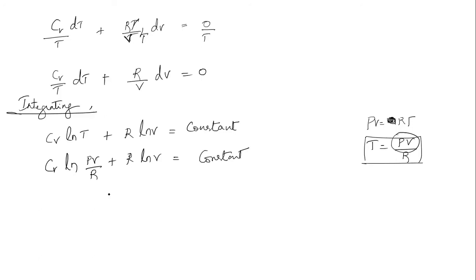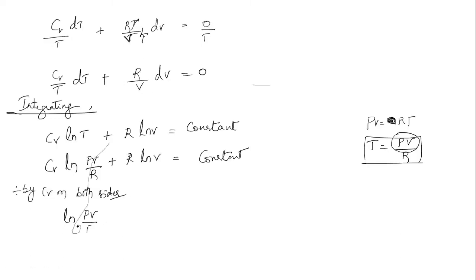Now, let us divide it by Cv on both the sides. Therefore, here it becomes ln Pv by R plus R divided by Cv ln V is equal to constant divided by Cv.